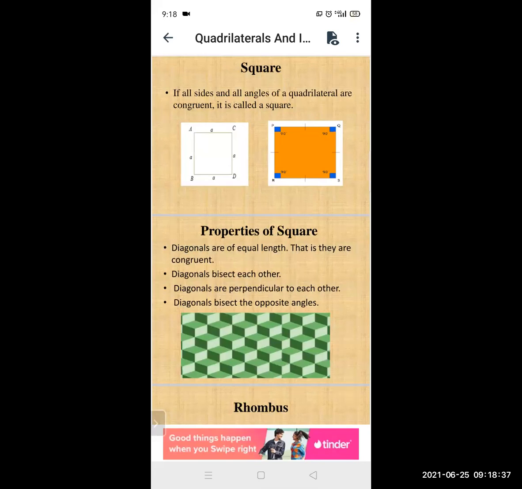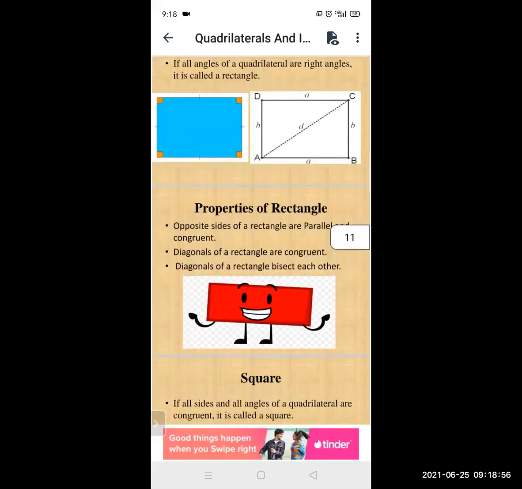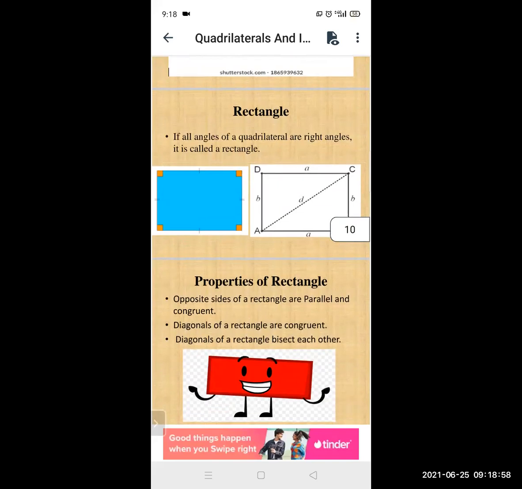Now what is the difference between them? All the sides of a rectangle are not the same, and all the sides of the given quadrilateral, the square, are the same. Here you can see that opposite sides of a rectangle are parallel and congruent.